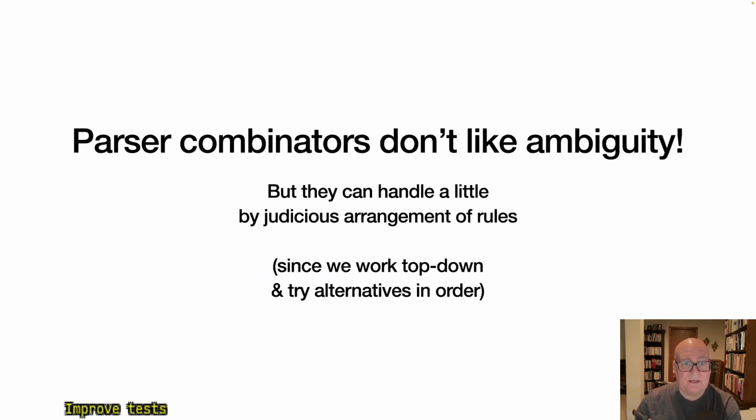We're doing parser combinators, and they don't like ambiguity. Now the trick is they can handle a little bit, and the reason they don't like ambiguity in a way is because the parser combinator is happy to do backtracking if needed.